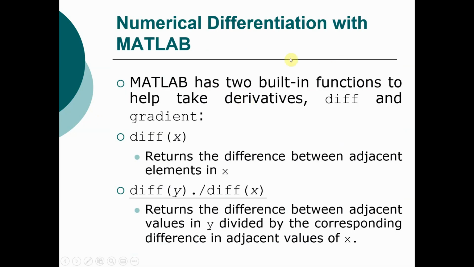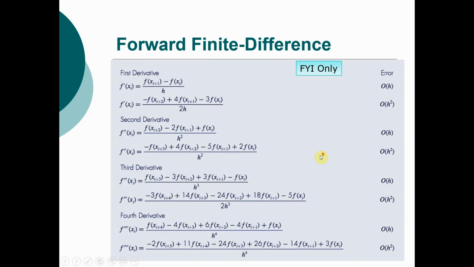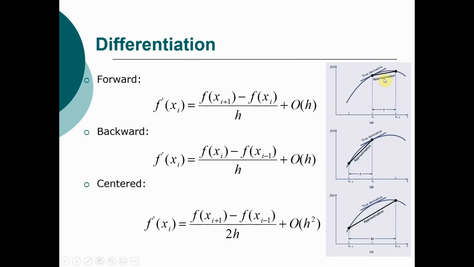For calculating the derivative, or numerical differentiation, using MATLAB, we can use two functions, diff and gradient. You remember that the diff function, if you provide a vector, gives the difference between adjacent elements, and that's exactly what we need for the forward and backward difference methods.